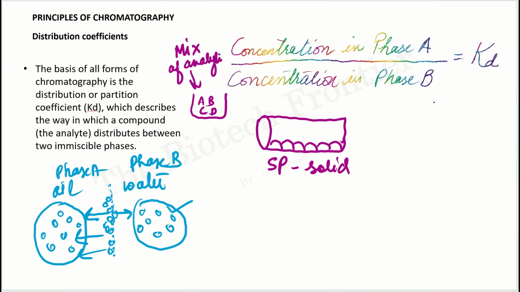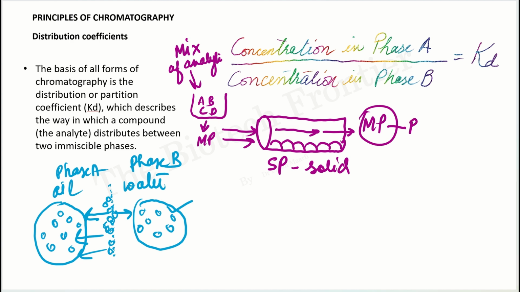When you mix this analyte mixture with the mobile phase and pass this mobile phase through this column, as soon as the mobile phase comes out of the stationary phase, the analyte that has more affinity towards the mobile phase will come out first.